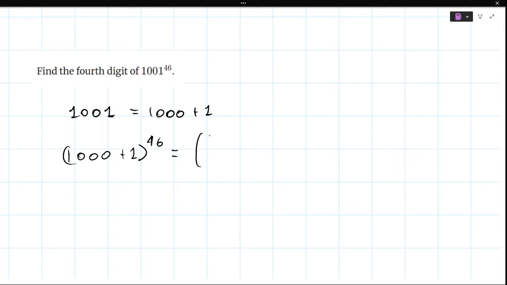This is a very powerful step because now I can write this out as a binomial series, and I'm going to have 46 choose 0 times 1000 to the 46, and the 1 to any power is 1, so I can just ignore it. It's going to look something like this.